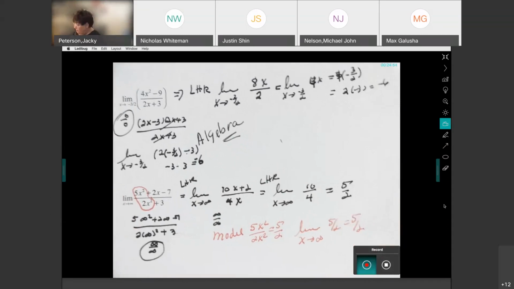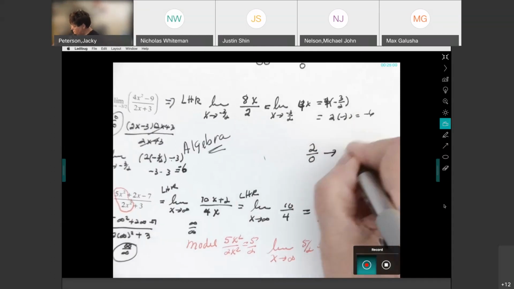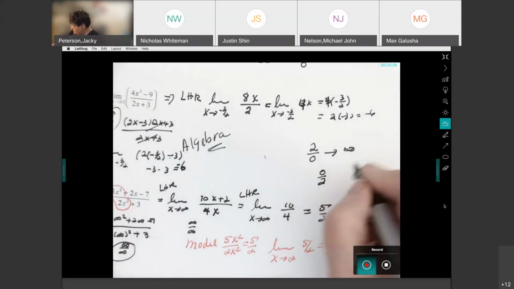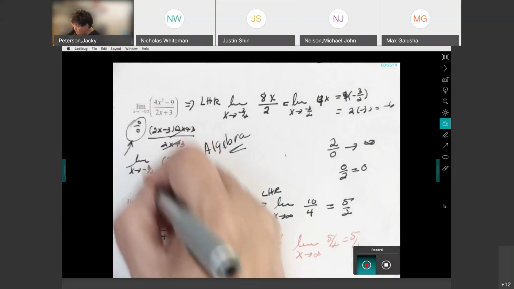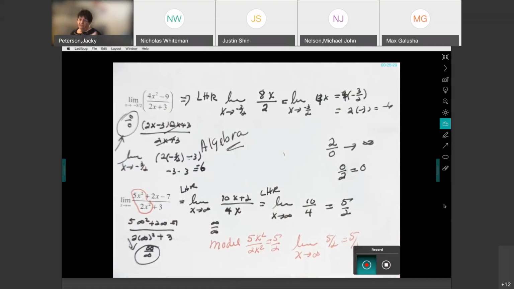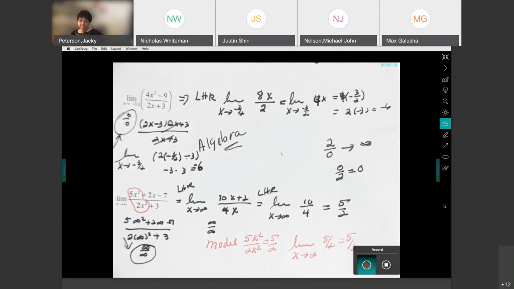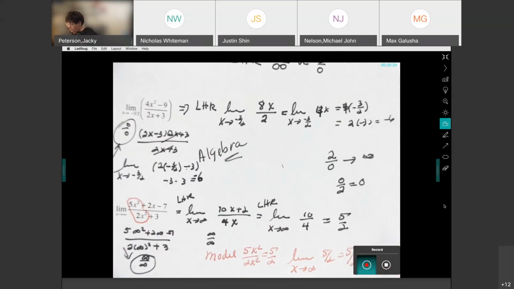If I had a 2 over 0 form, that goes to infinity. If I had a 0 over 2 when I plugged it in, that goes to 0. So you can only use it when you plug it in and get one of those two things. Plug it in, number in, number out. 0 over 0, infinity over infinity, L'Hopital. No matter what, you're going to have to plug it in, and then you make your choice.